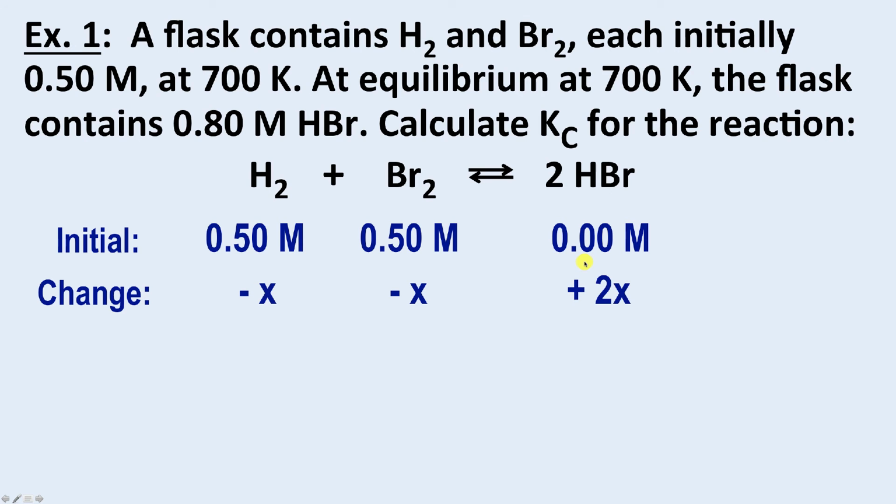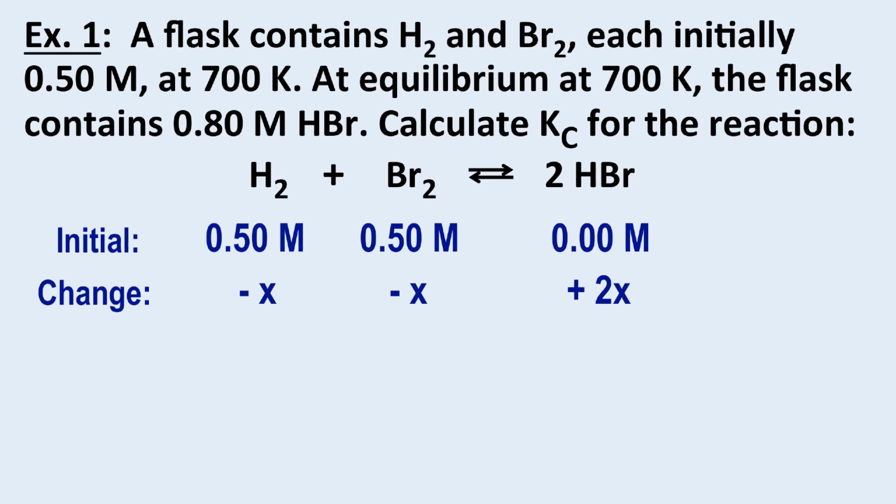And then the HBr concentration increases, and we put a factor of 2 in front of the X for HBr, because for every 1 H2, it reacts with 1 Br2 and produces 2 HBr. So the stoichiometry indicates a 1 to 1 to 2 relationship for the changes that occur.